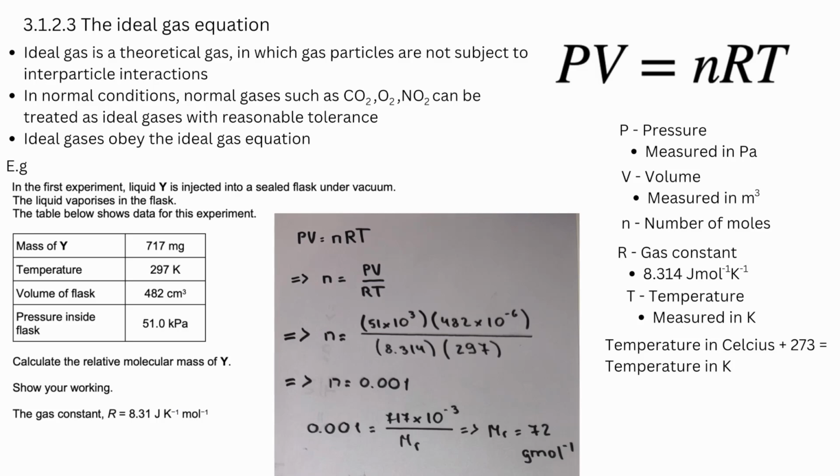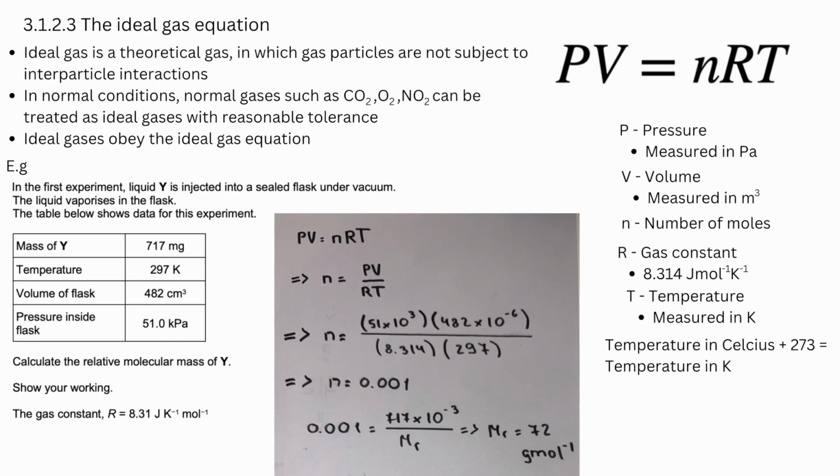Well, an ideal gas is a theoretical gas, in which gas particles are not subjected to any intermolecular forces, meaning that all particles are in complete gaseous state. Even though it is impossible, in normal conditions, basic gases such as oxygen, carbon dioxide, nitrogen oxides behave almost completely as ideal gases. So the ideal gas law can be used to approximate their properties.